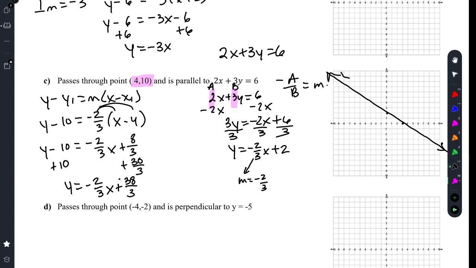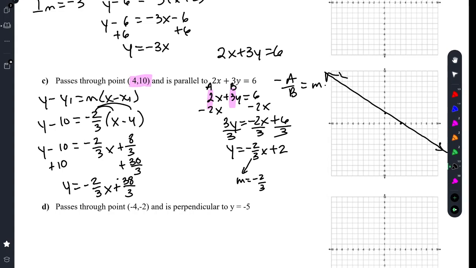Yeah? So graph (4, 10), that's up here. And then follow the slope down, which is what? Down 2, right 3. Nope. Not left 3. Down 2, left. So there we go. What do we notice about this line? And that's the whole point of this, right? To be parallel.